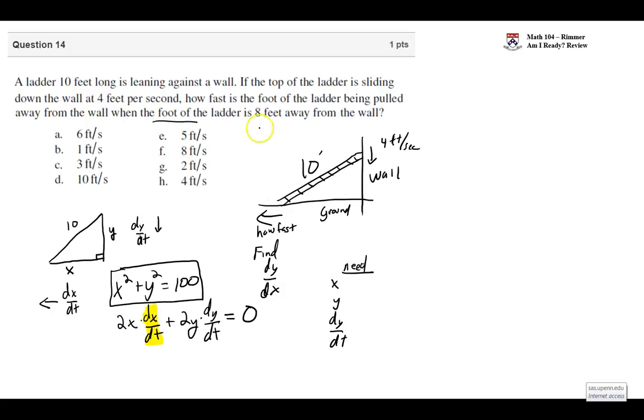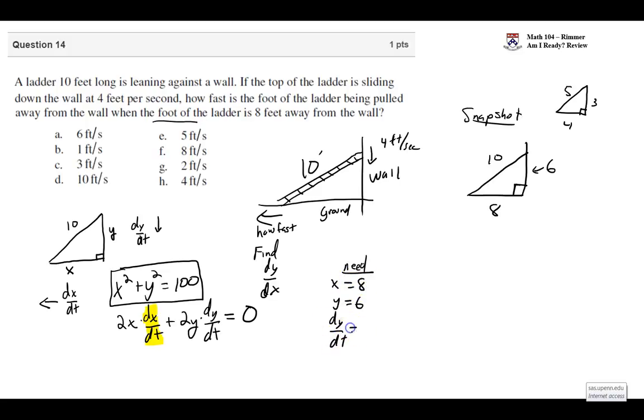There's a snapshot in time that we're interested in: when the foot of the ladder is 8 feet away from the wall. This is a classic 3, 4, 5 right triangle, but everything's been doubled, and so we get 10, 8, and 6. So y would be equal to 6 when x is equal to 8, and they gave us dy/dt.